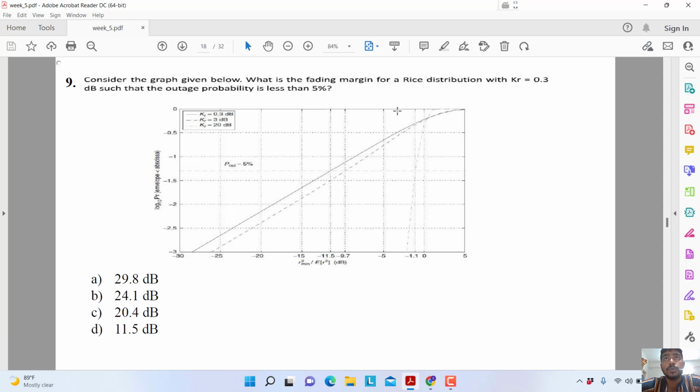Okay, what do we have to calculate here? What is the fading margin for a Rice distribution with KR equal to 0.3 dB such that the outage probability is less than 5%? So guys, please see this plot and try to answer this question.